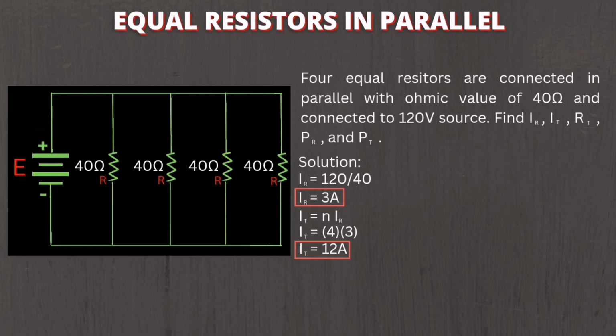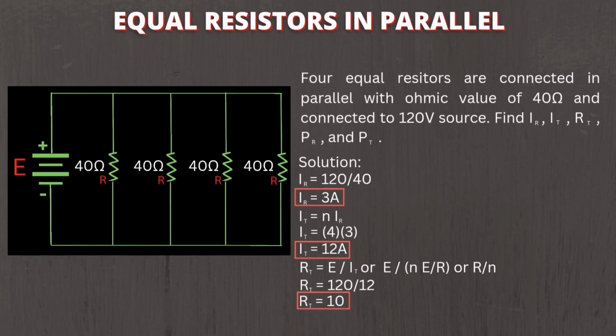Next would be R sub t, which can be solved by E divided by I sub t, or E divided by N multiplied by E divided by R, or simply R divided by N. Since I total is equal to 12 amperes, then R total is equal to E divided by I sub t. So the solution, guys, is R total is equal to 120 volts divided by 12 amperes, which results in 10 ohms.